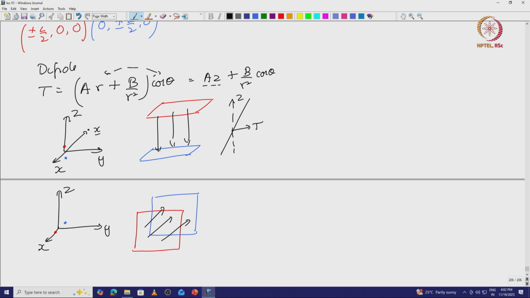The temperature gradient is along the x direction. It should be the other way because temperature should be higher here.